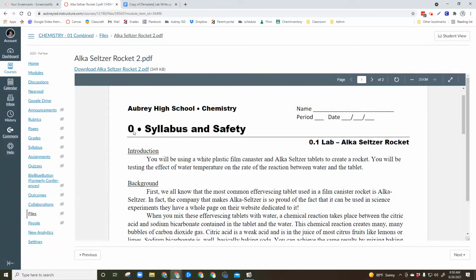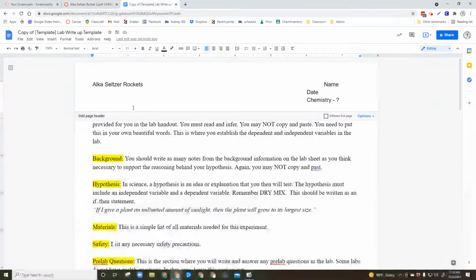Here is the unit. We're in Unit 0, Syllabus and Safety. Here's your Aubrey heading, name, class period, and date. And then right here is the name of the assignment. And so the numbers, this is Unit 0, and this is the first assignment within Unit 0. Okay, and here's the title, Alka-Seltzer Rockets. So that's what I wrote there.